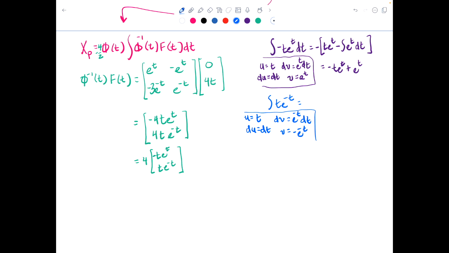So then we would have uv, so negative t e to the negative t, minus, it'll be minus a minus, right? So plus the integral of e to the negative t dt. That's going to give us negative t e to the negative t minus e to the negative t.